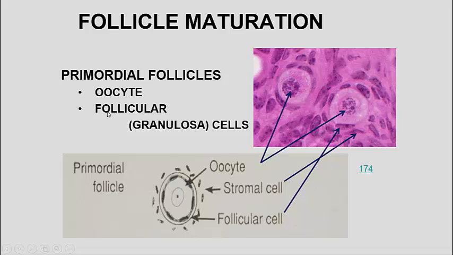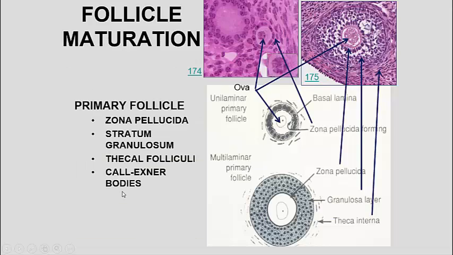So if we look at identifying the different types of eggs, we will see the oocyte, there's the nucleus of the oocyte, and then it has follicular cells. These are supporting cells. And if these supporting cells are flat, follicular cells are flat, then that is a primordial follicle.